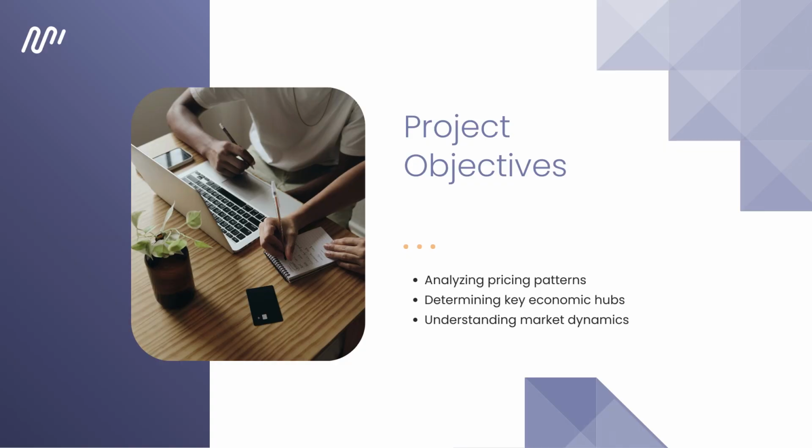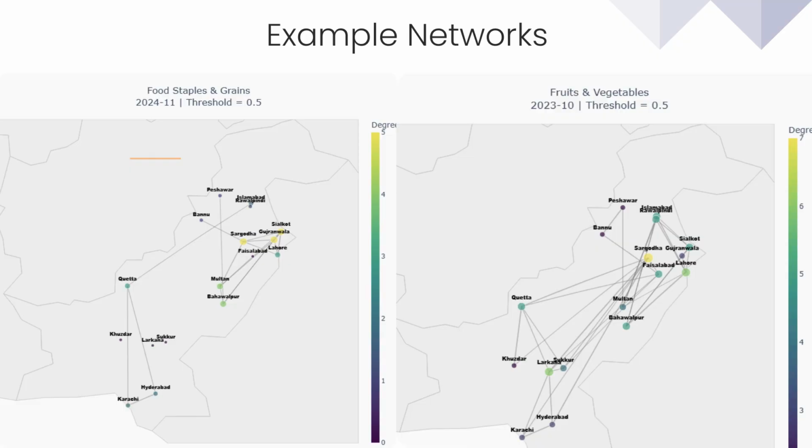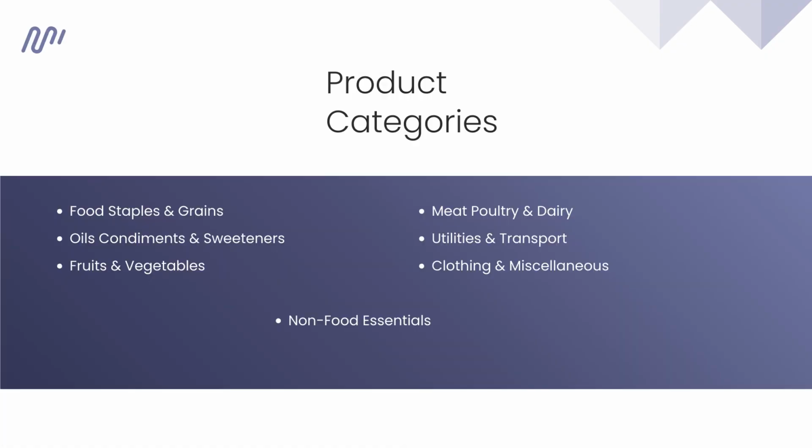Our objective is to identify which cities have similar pricing patterns by constructing networks where cities are nodes and edges represent similarity in their price vectors across 7 product categories, which include food staples, fruit and vegetables, meat, poultry and dairy, oils and condiments, clothing, non-food essentials, and utilities.